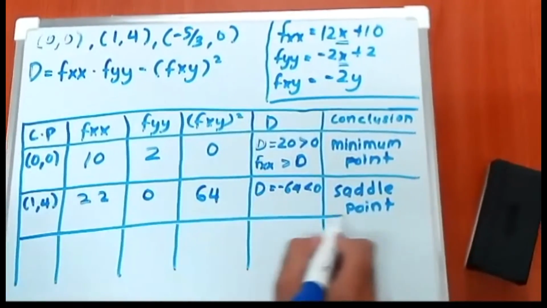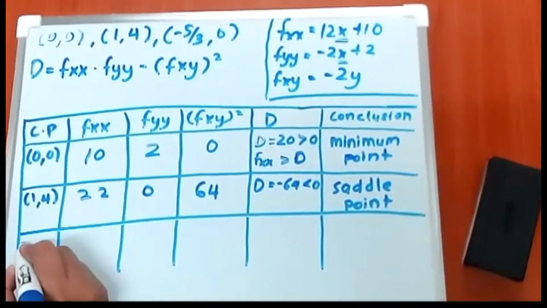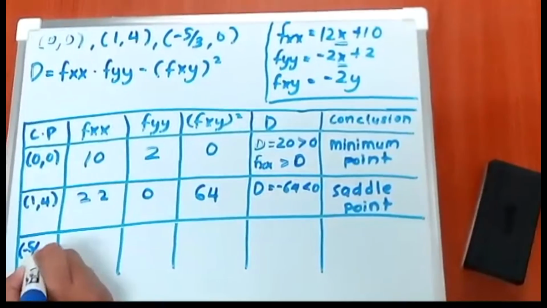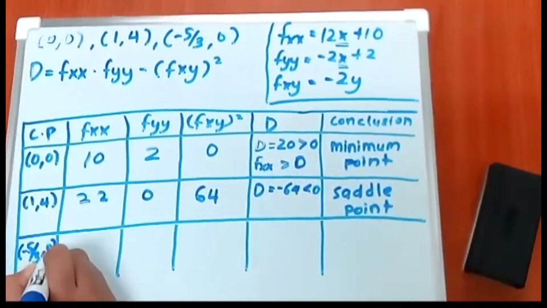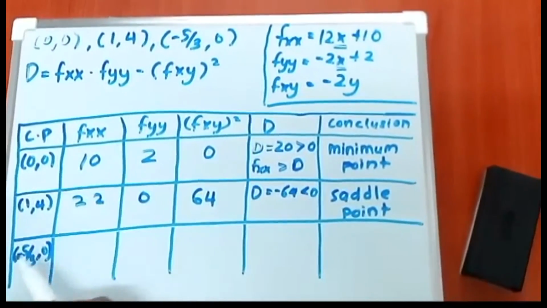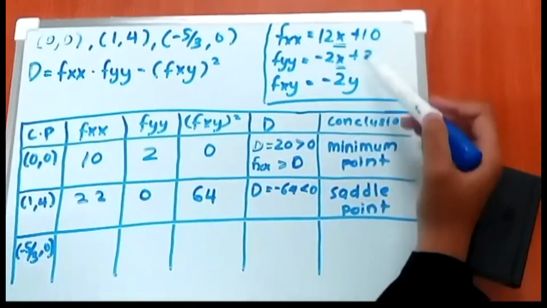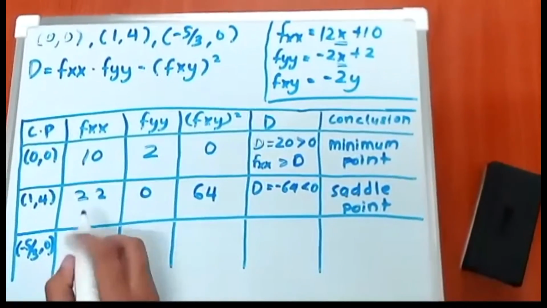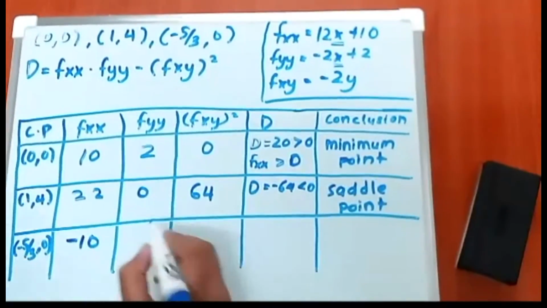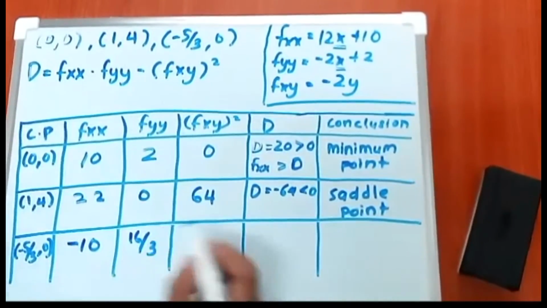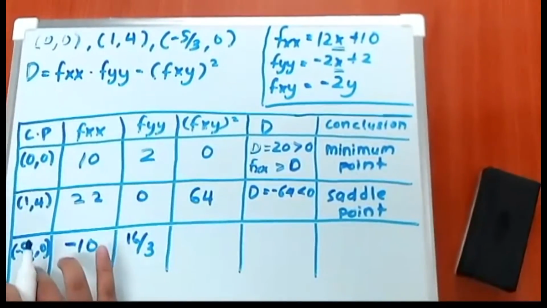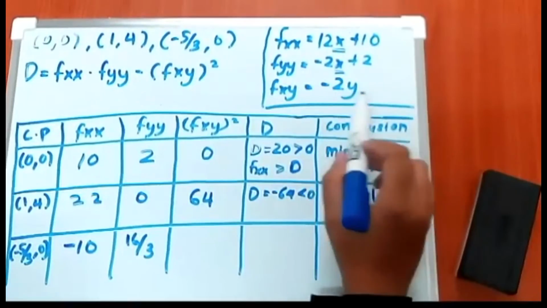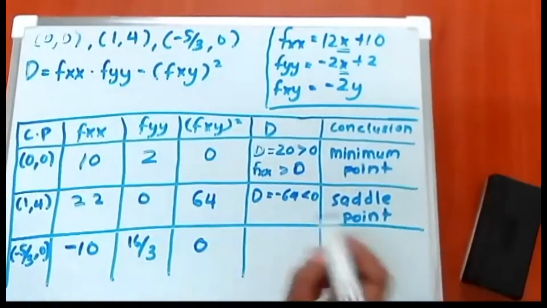Okay. For the last critical point, which is (-5/3, 0), substitute -5/3 into these two equations, and you will get -10 and 16/3, and substitute 0 into this equation, you will get 0.